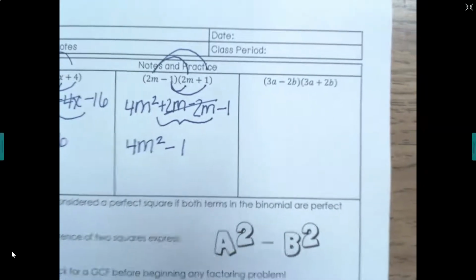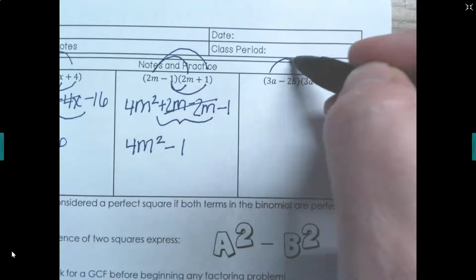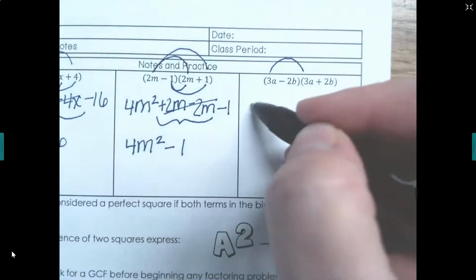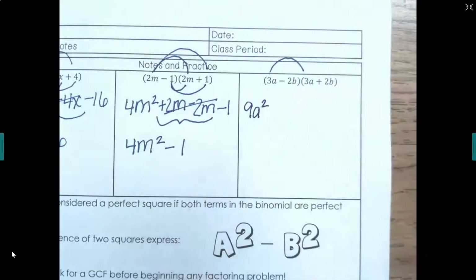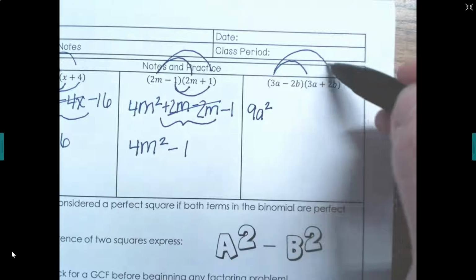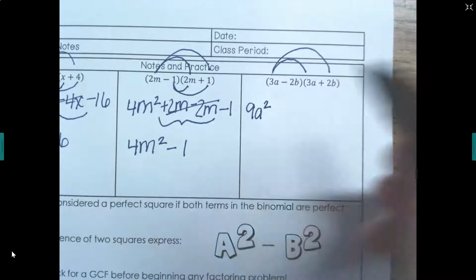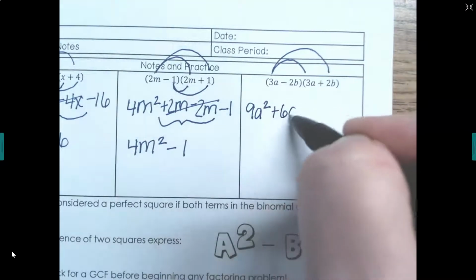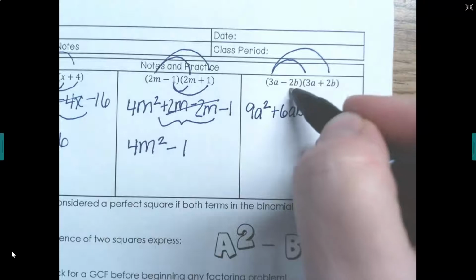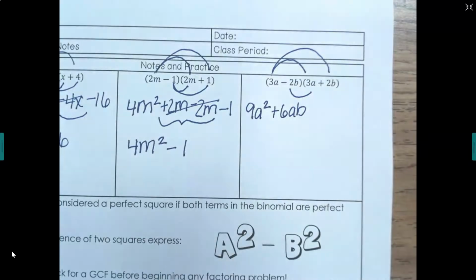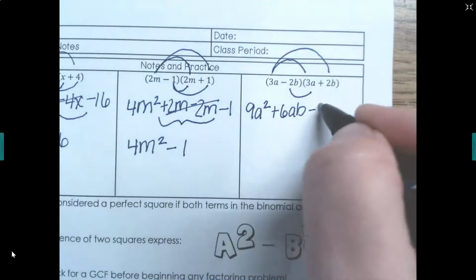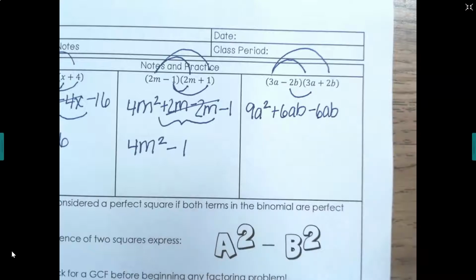So I have 3a times 3a for 9a squared. 3a times 2b will be 6ab. Negative 2b times 3a will be negative 6ab.